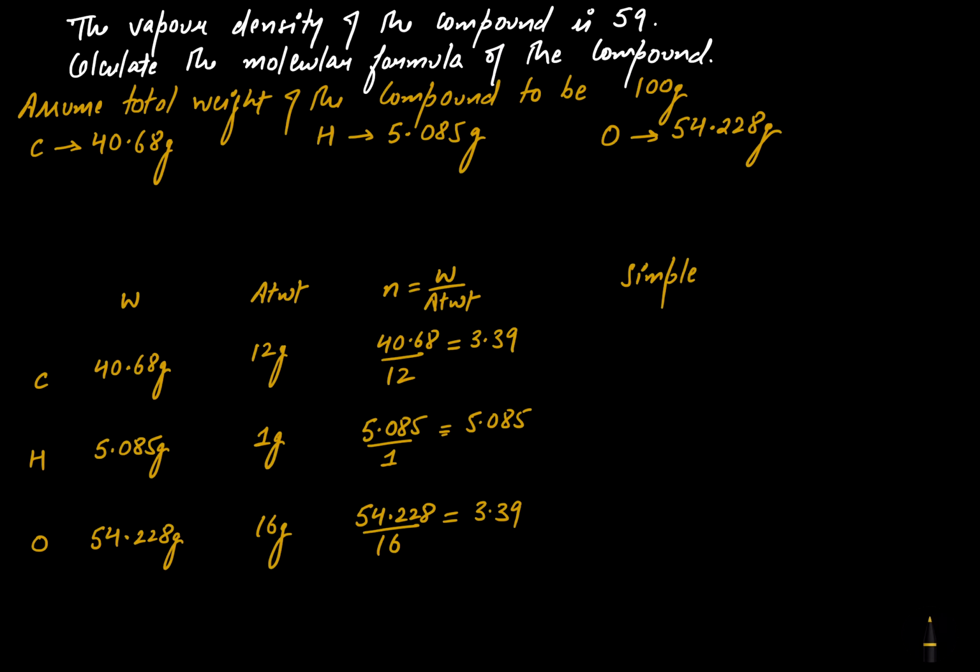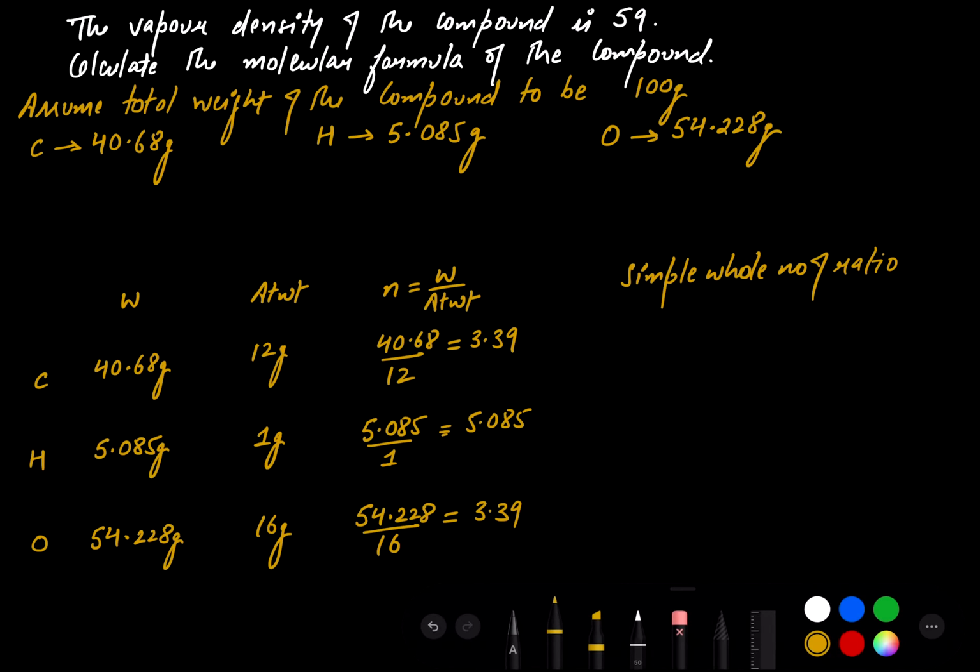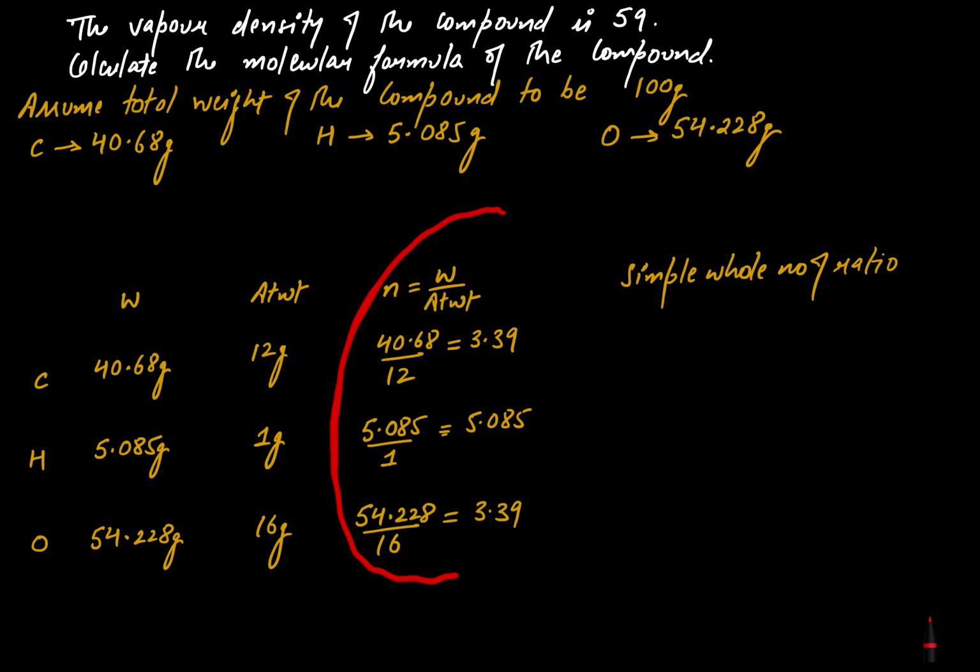Now I'm going to calculate the simple whole number ratios of every element with respect to each other. So the same way, see all the values of number of moles and just find the lowest value, and it is 3.39 over here. That means now I have to divide all the values of number of moles for carbon, hydrogen and oxygen by 3.39.